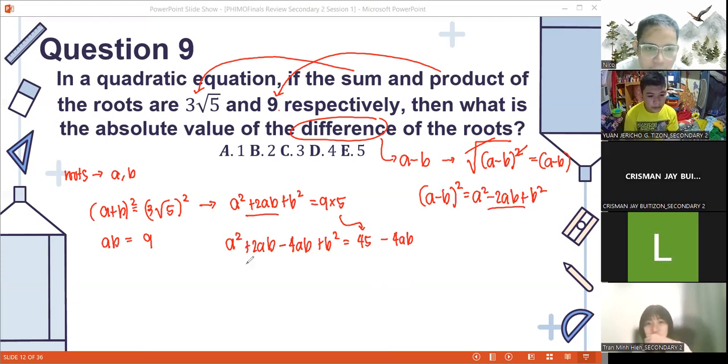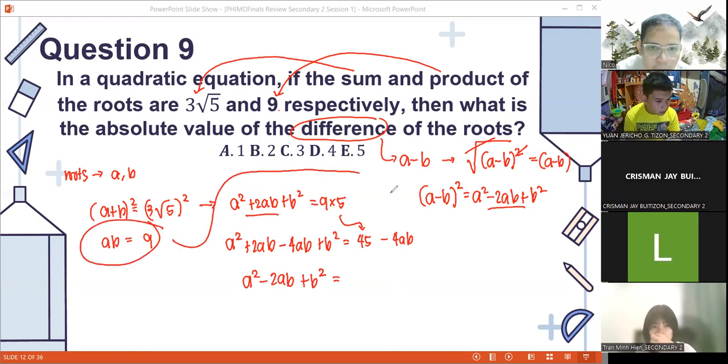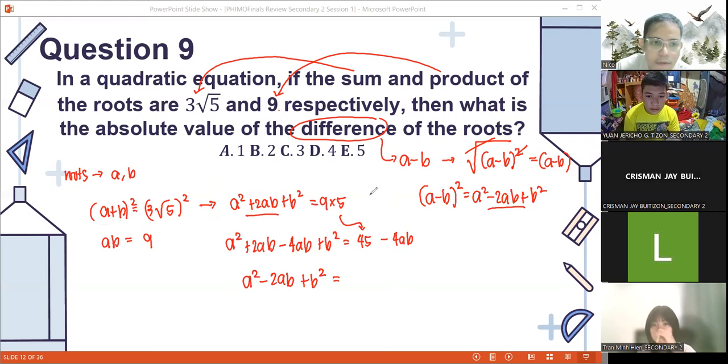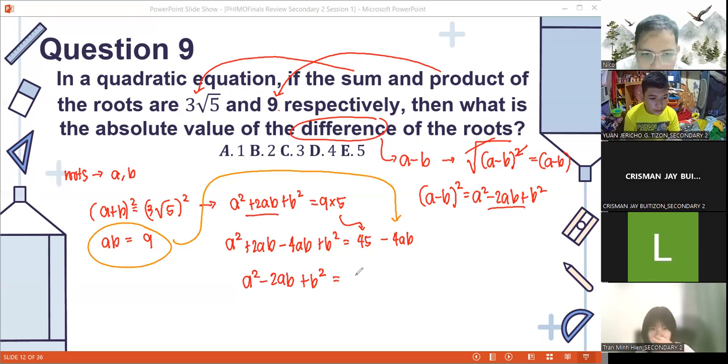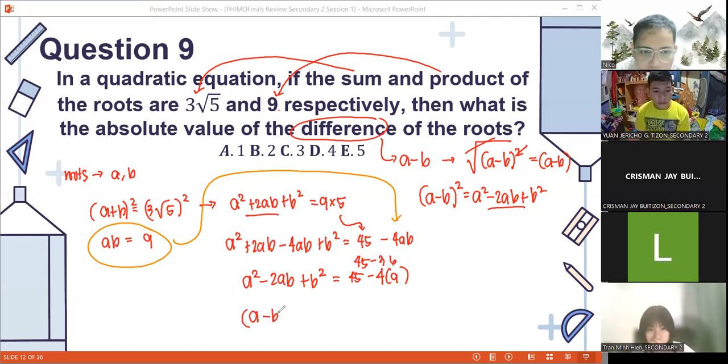Now, don't forget, the AB value in here is equal to 9, right? So this becomes 45 minus 4 times 9. That is 36. 45 minus 36. So (A minus B) squared is equal to 9.